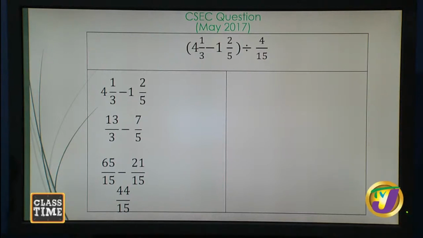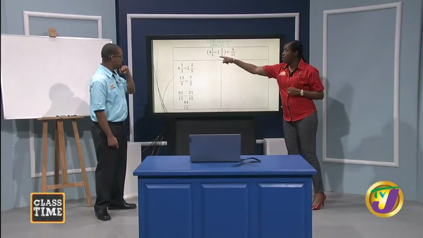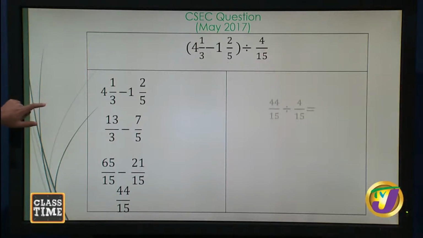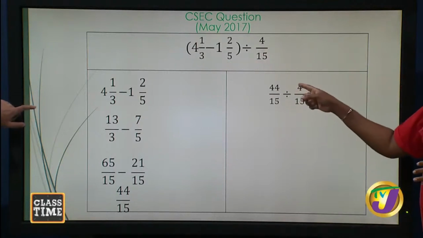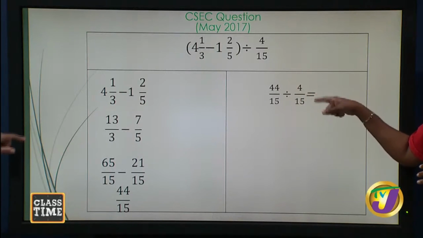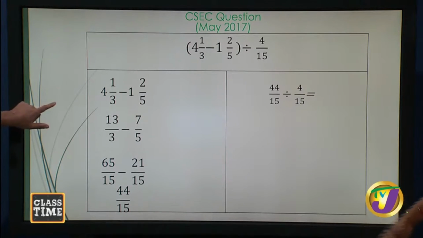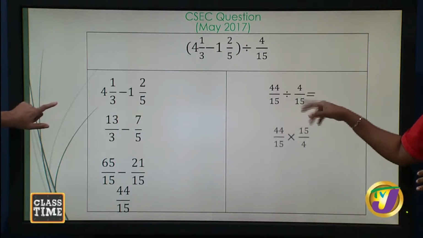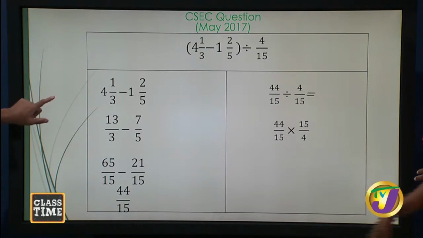So, Nikisha, where would we go next? We would now divide the result of this subtraction by 4/15. All right, so let's put that up. And we know when we're dividing by a fraction, we multiply by the reciprocal. So we would maintain the first fraction and multiply by 15/4.